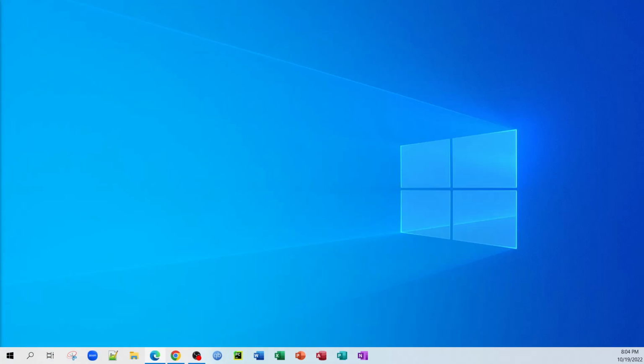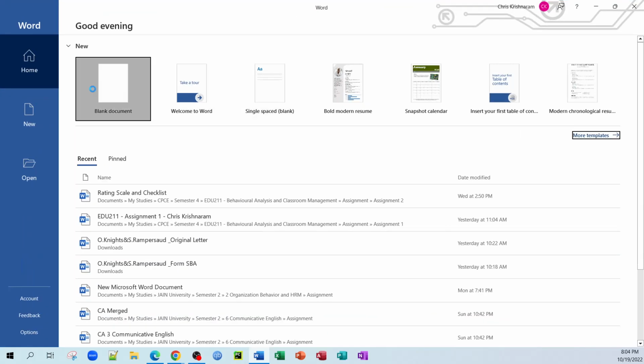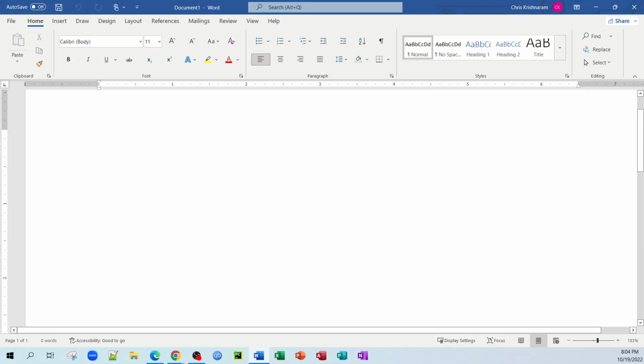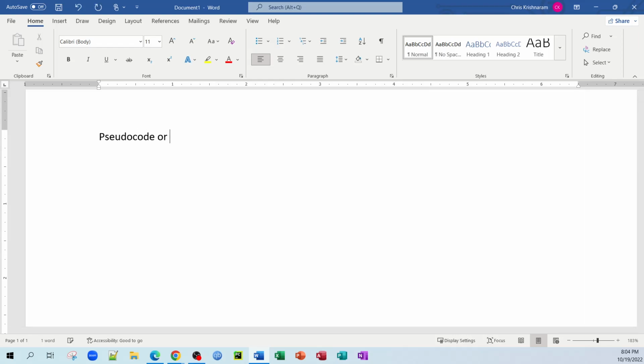The two ways of representing your algorithm, or we can design the steps of an algorithm, is by using a pseudocode or a flowchart. Now, how would you describe a pseudocode? What are the characteristics of it?